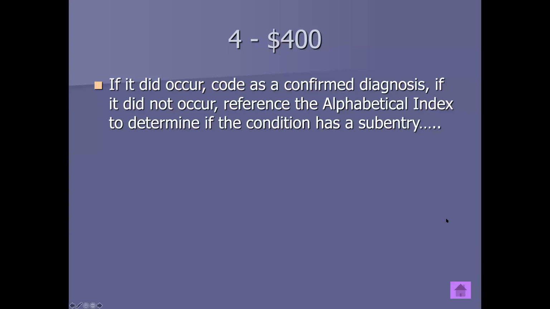If it did occur, code it as confirmed diagnoses. If it did not occur, reference the alphabetical index to determine if the condition has a subentry. Oh, crud, what is that?